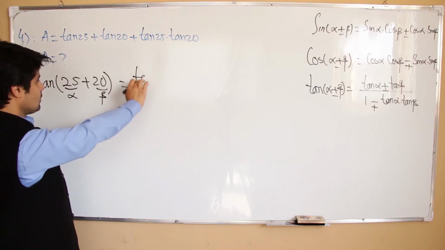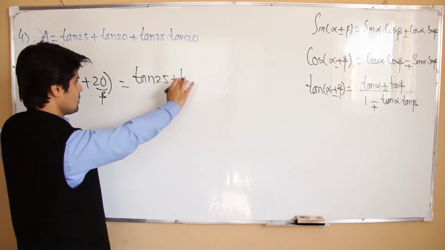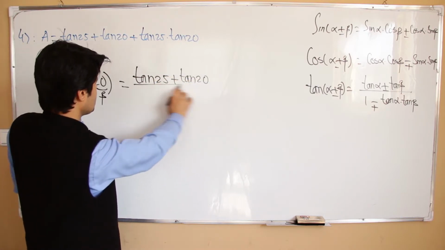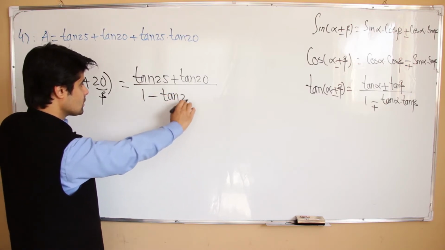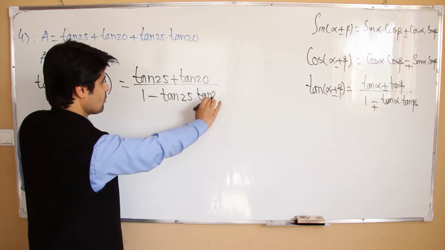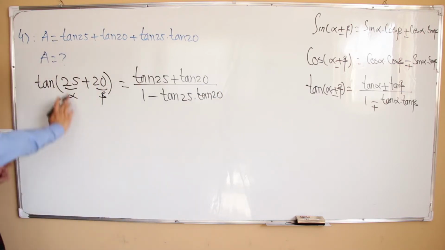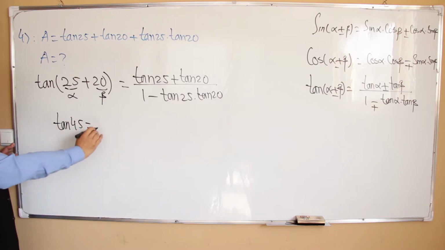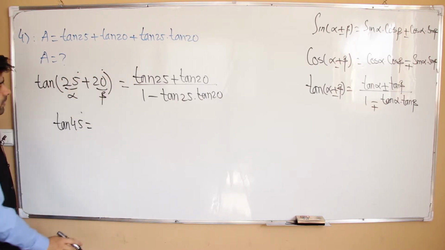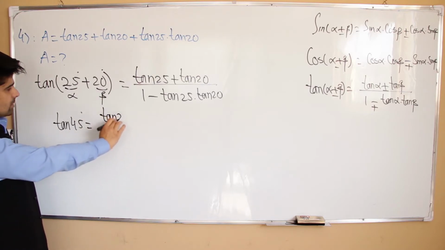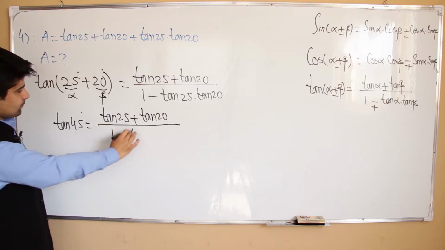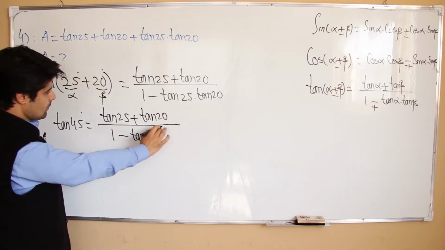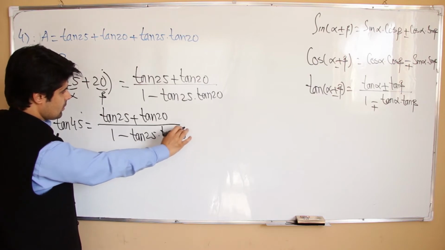Now what do you think? Tangent alpha plus tangent beta divided by 1 minus tangent alpha, which is 25, tangent beta, which is 20. Now 25 plus 20, I think it is 45, is equal to, it is all in terms of degree.